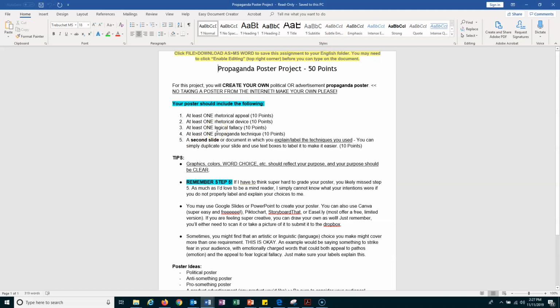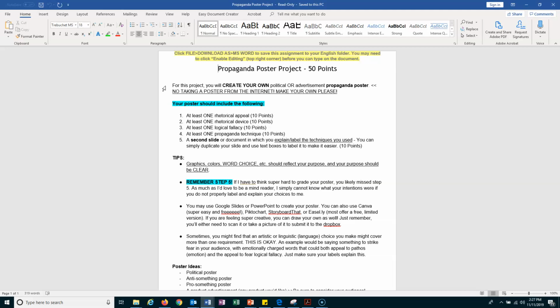For the assignment, the big thing I want to make sure that you understand is that this assignment cannot be taken from an online advertisement. You have to create your own propaganda poster. You are not allowed to use something that has already been created.